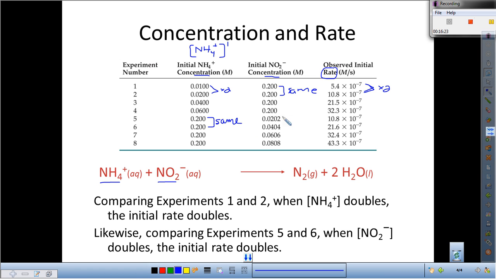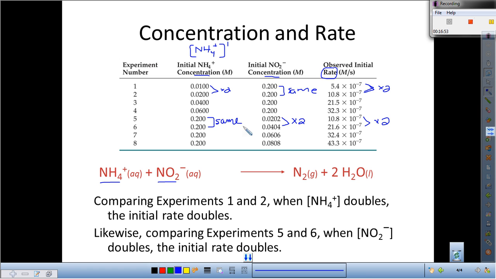Now let's look over here at what happens when I change the concentration of my nitrite. What happened to my concentration? I doubled it. And let's look at what happened to my rate. It was 10.8, and when I doubled it, it now became 21.6, which is also double.